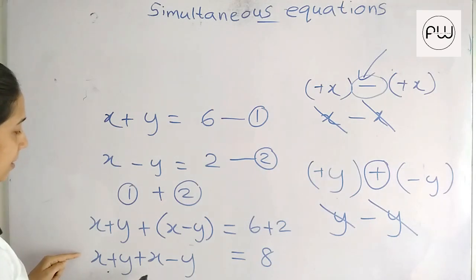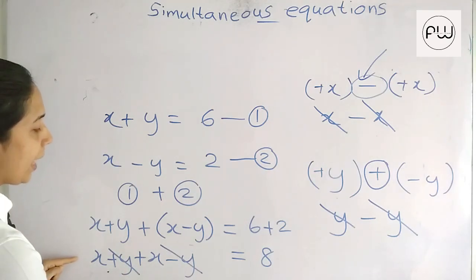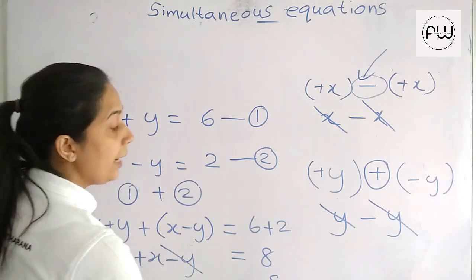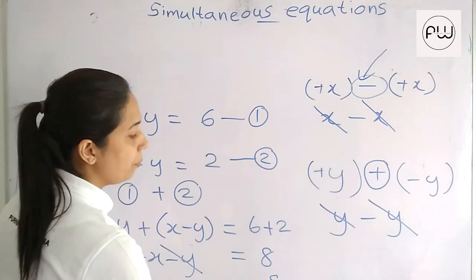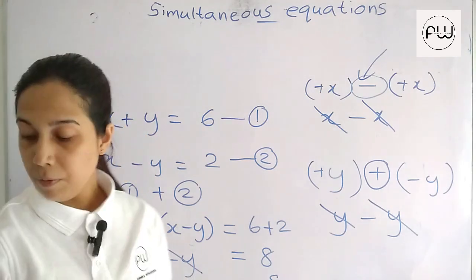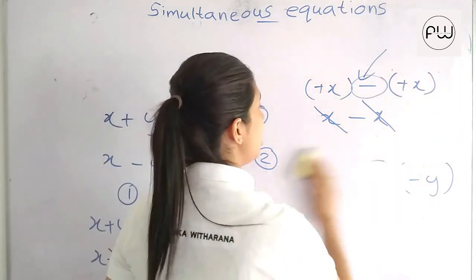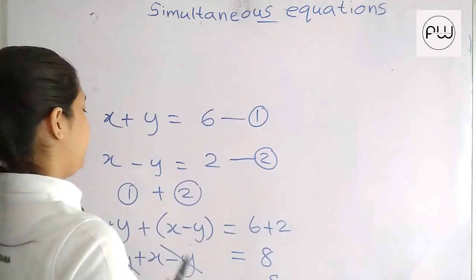Now you can cancel out plus y with minus y and 2x equals 8. Then we can divide both sides by 2. Then x equals 4. Now we found the value of x. It's 4. Then we can substitute x equals 4 into one of the equations.